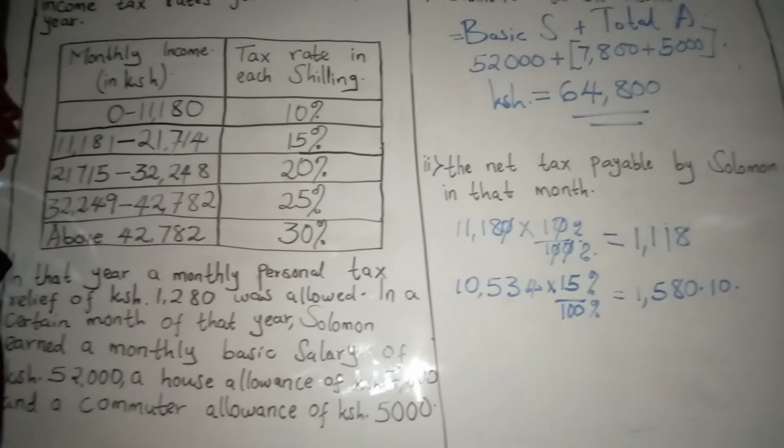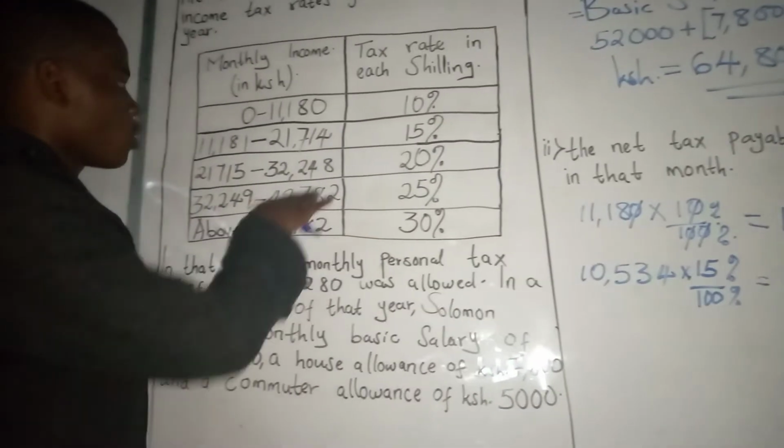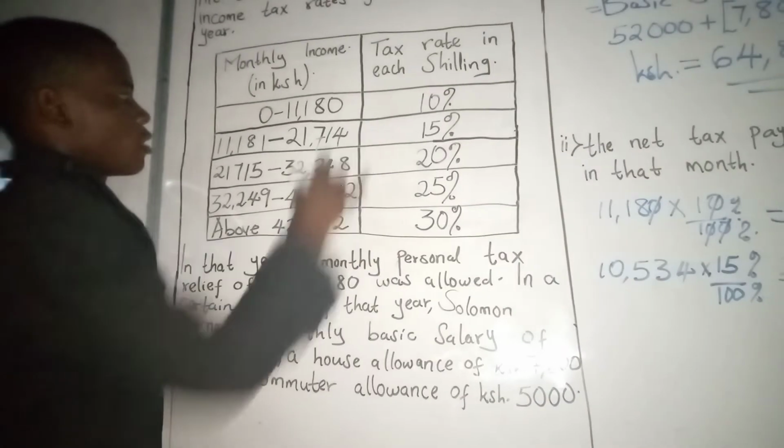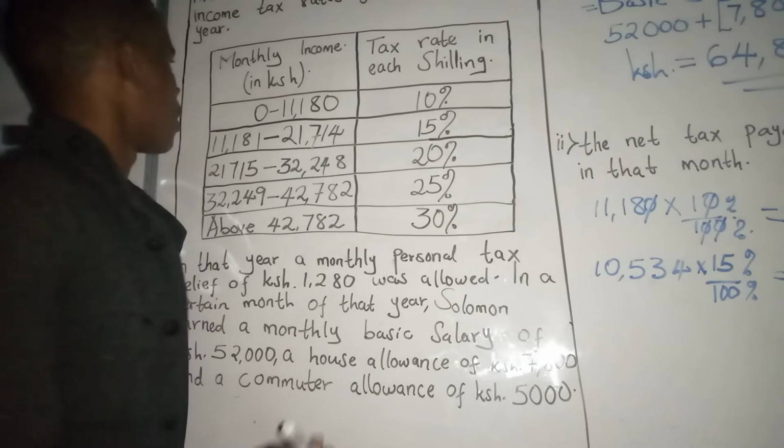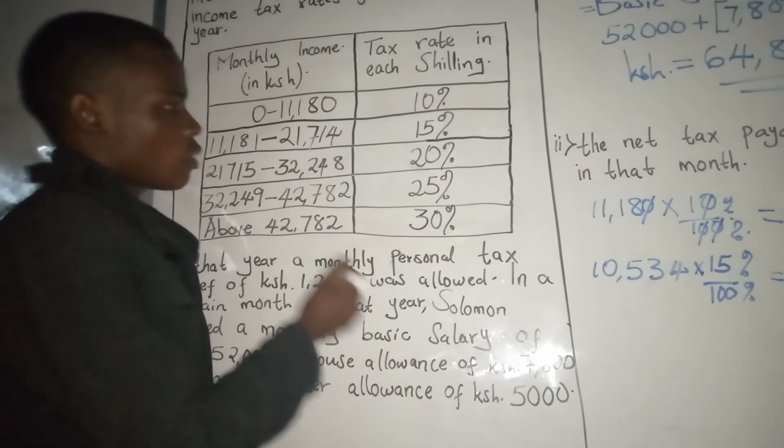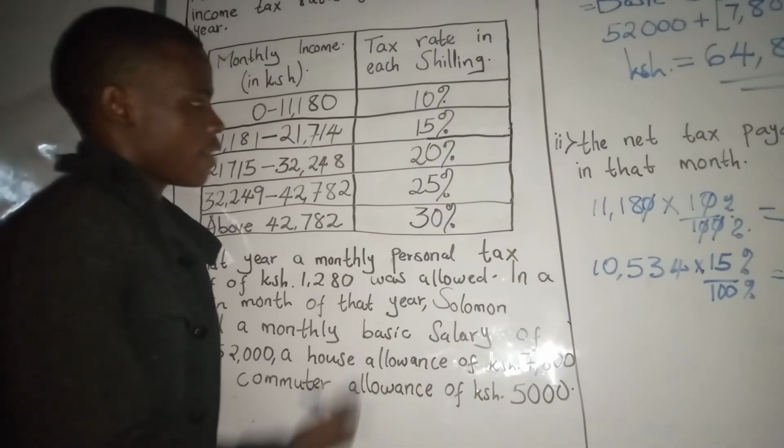Then we come to the third part, which is we are going to subtract this one with this one, for us to get the answer which we are going to multiply with 20 divided by 100.